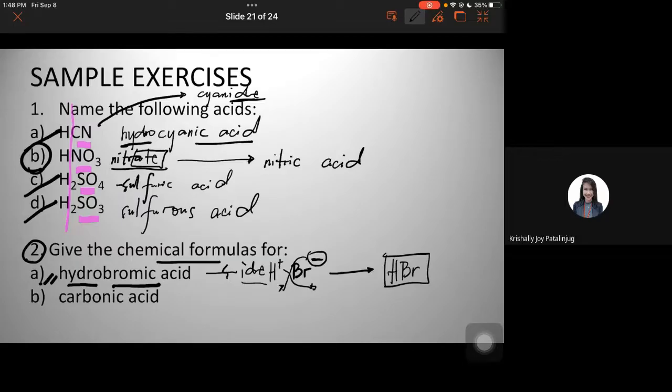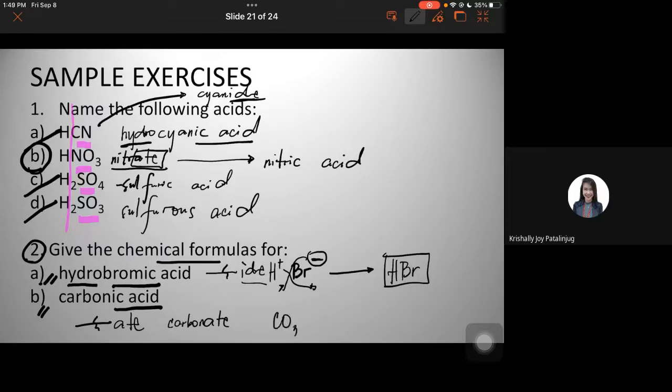Next, for letter B, there is no hydro prefix. You will observe that it only makes use of the suffix ic acid. So this comes from the anion ending in ate, which is carbonate. So you have to recall, what's the anion form of carbonate?